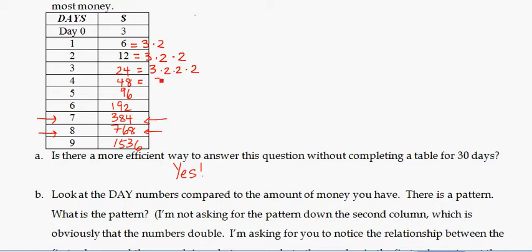Every time we go up by one day, we add another factor of 2. So sure enough, 48 is 3 times 2 times 2 times 2 times 2, but we wouldn't really write it that way. We'd write it as 3 times 2 to the 4th. And 24 we'd write as 3 times 2 cubed. Here we'd write 3 times 2 squared, and so on. This one would be 3 times 2 to the 5th.